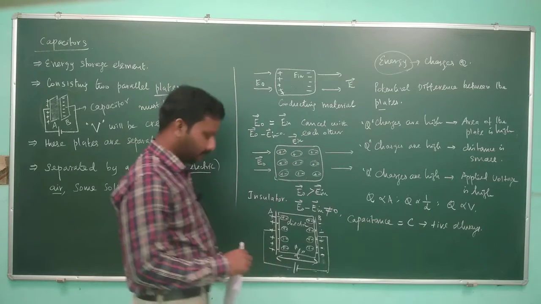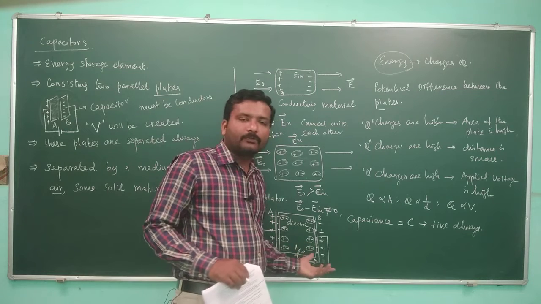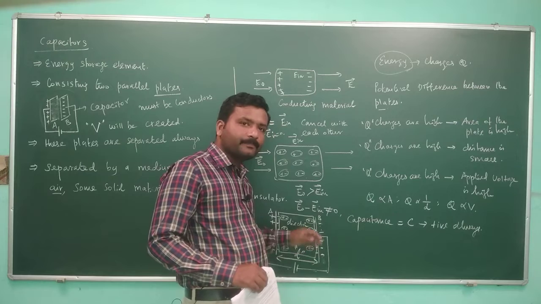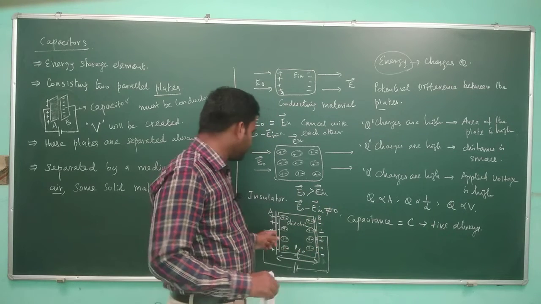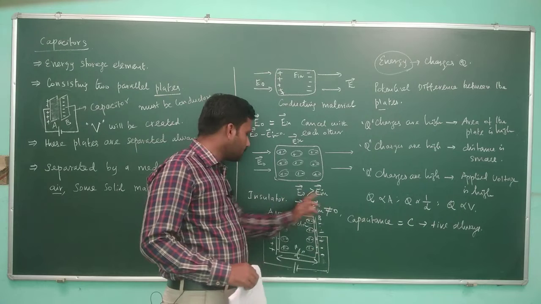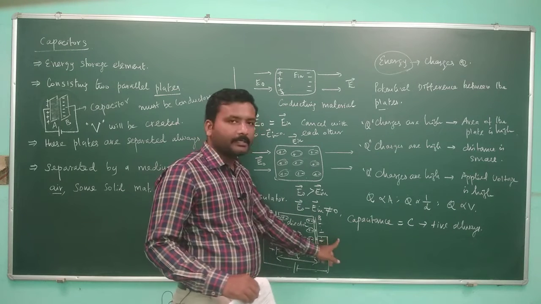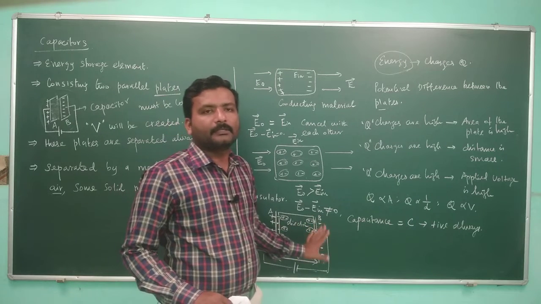This capacitance can either be some value, that is, between these plates there is a charge accumulated, or if we have short circuited this side to this side, then it will be neutralized, then there will be no charge.